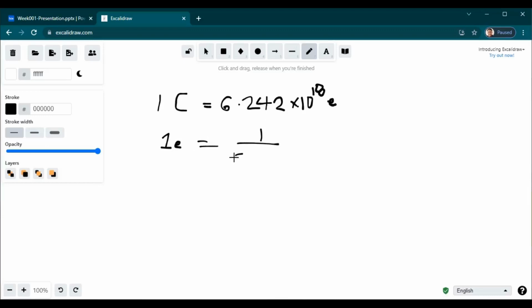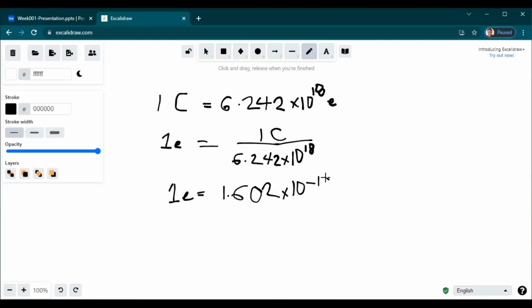We have 1 over 6.242 times 10 raised to 18 coulombs. Then 1 electron has, we will divide this, it will be equal to 1.602 times 10 raised to negative 19 coulombs.